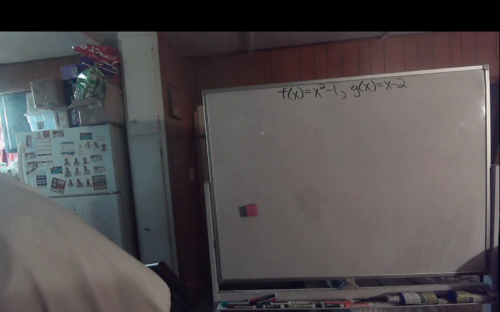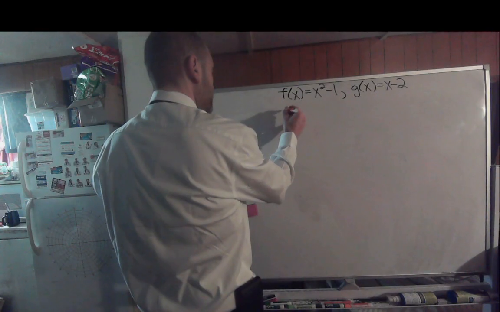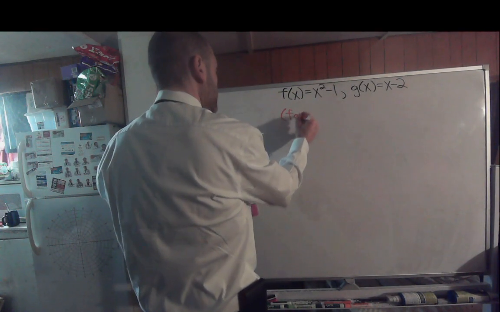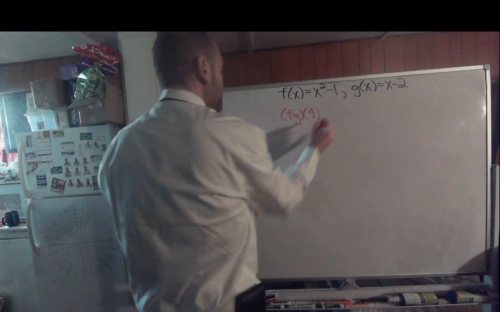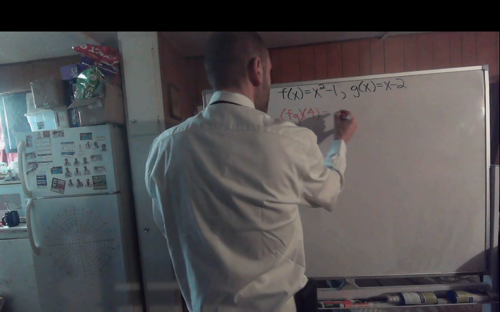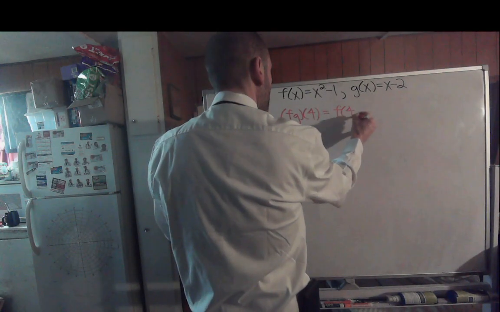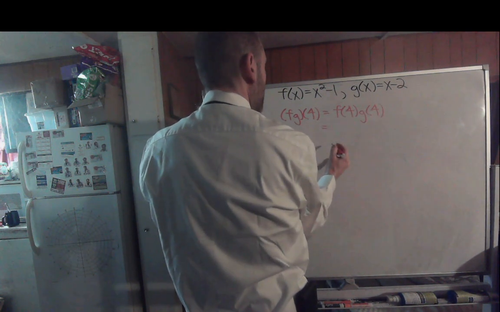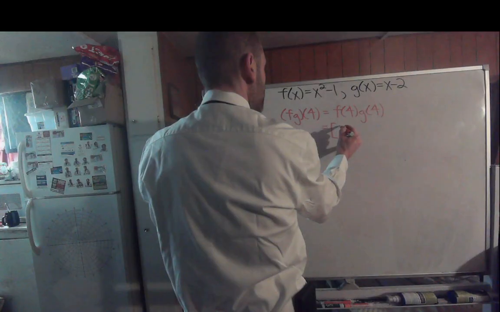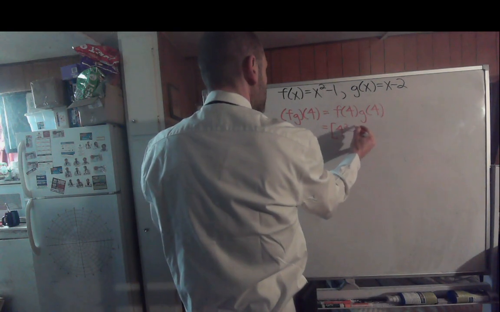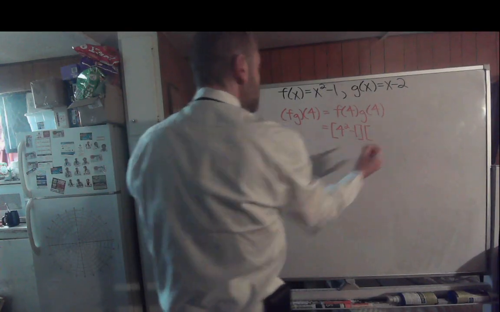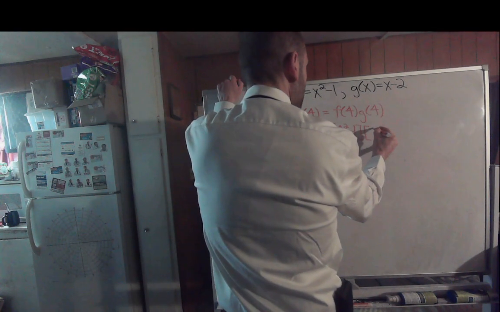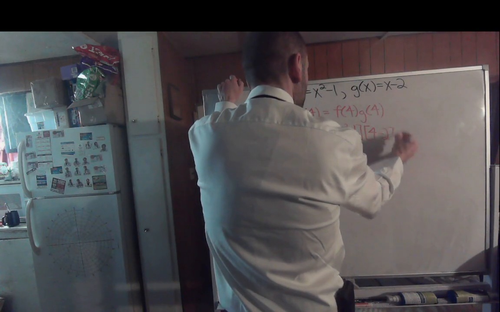Let's use a different color. Now, what if I did fg of 4? Well, that's going to be the same as f of 4 times g of 4. So f of 4, that's going to be 4 squared minus 1, that quantity, times that g of 4, so that would be 4 minus 2.